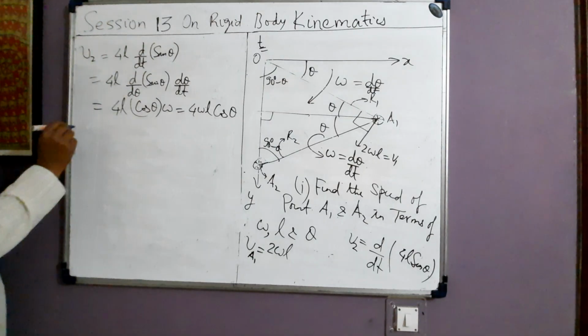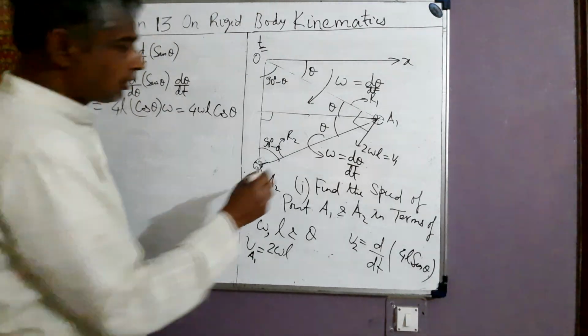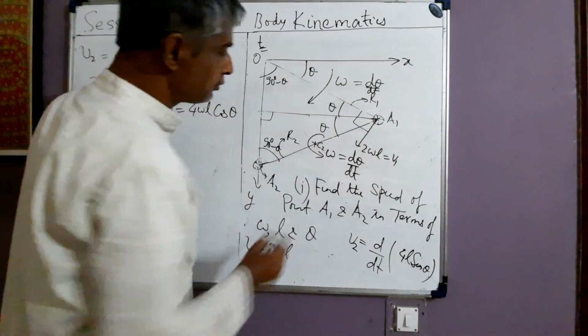Now the second point is this. Also C2 is the center of rod R2.